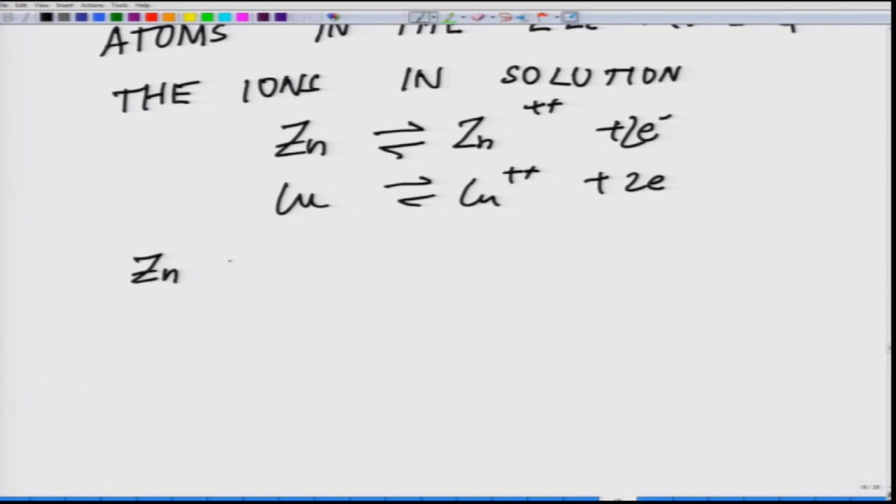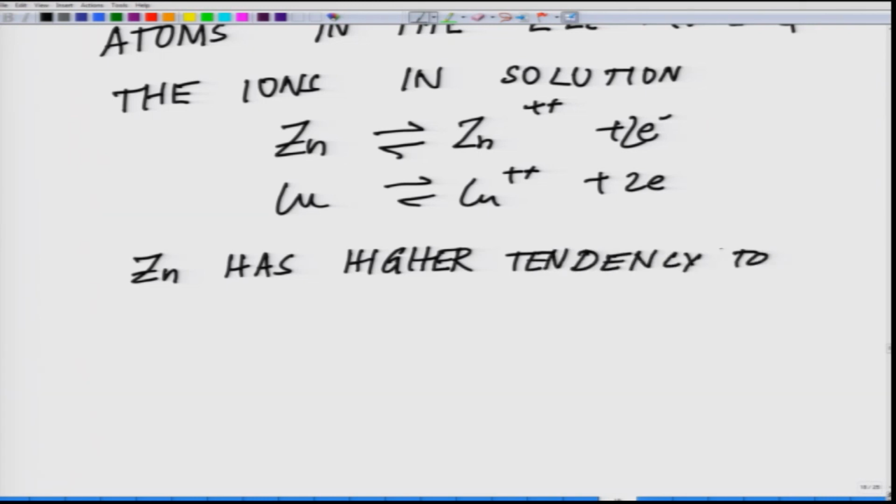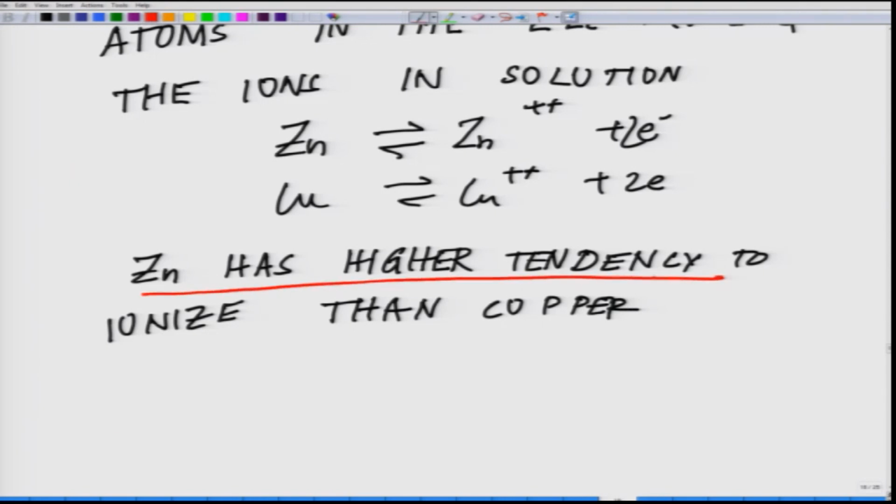In other words, zinc has a higher tendency to ionize than copper. I am highlighting this part because this is the key to understanding this.